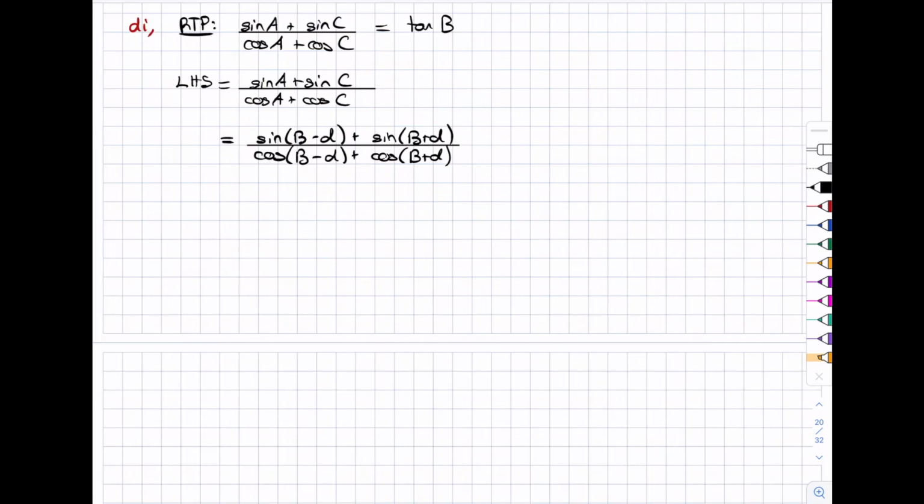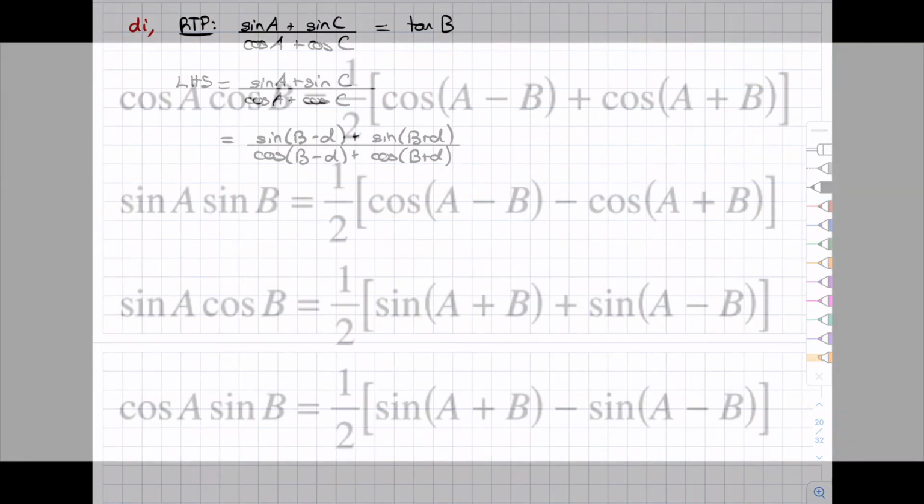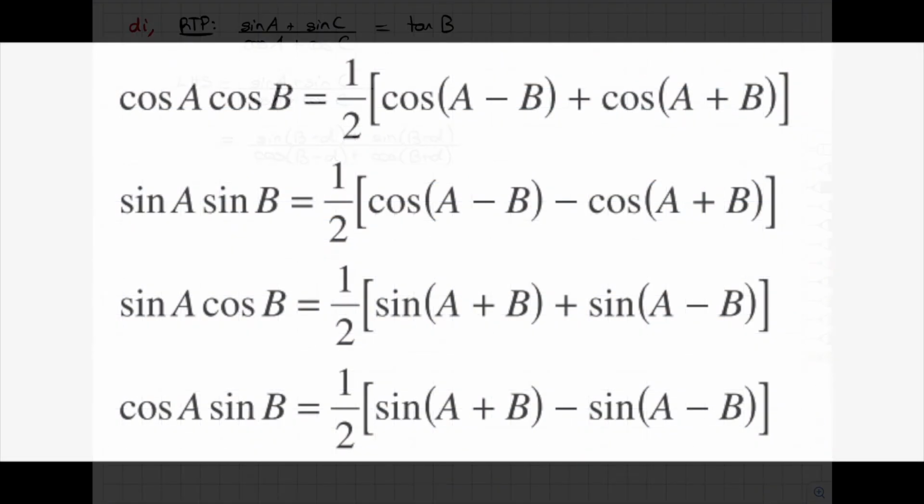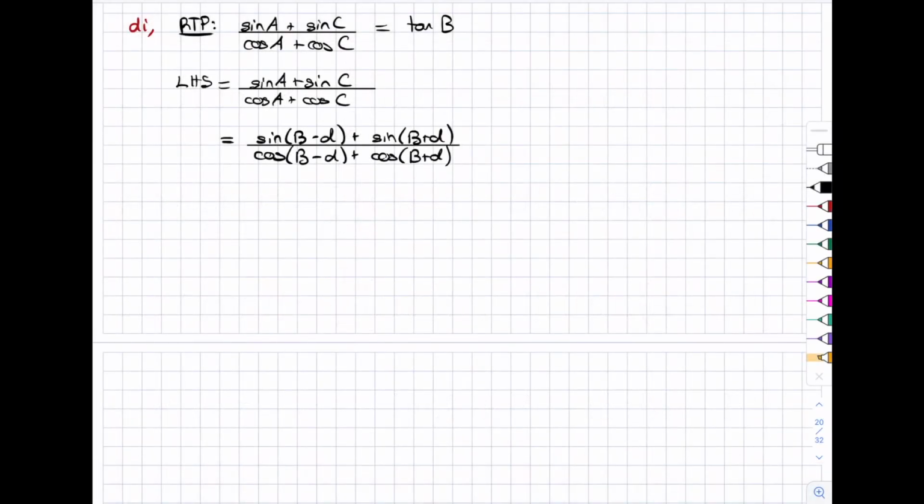And I'm recognizing that this looks a lot like something that we find on the reference sheet, which is the sum to product formulas. Okay, so I'll put those up on the screen now. And what we're going to do is use the sum to product formulas to turn these two sums into two products.